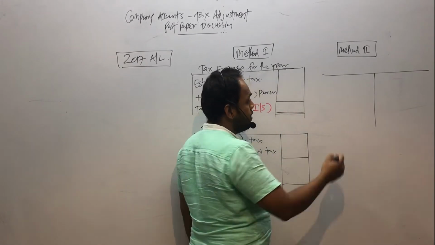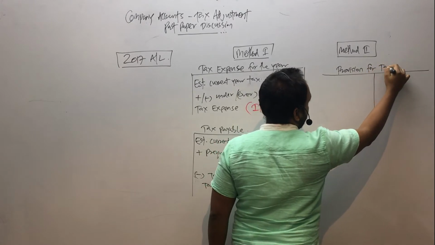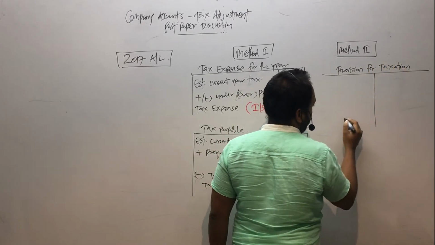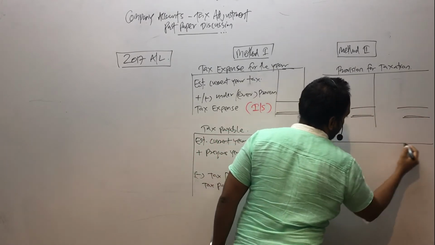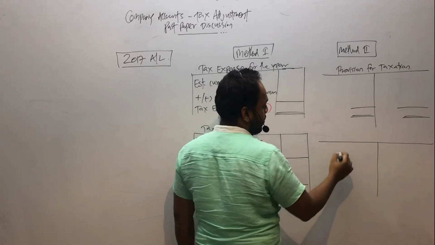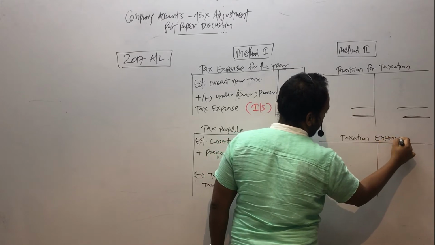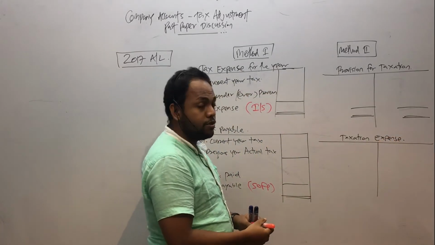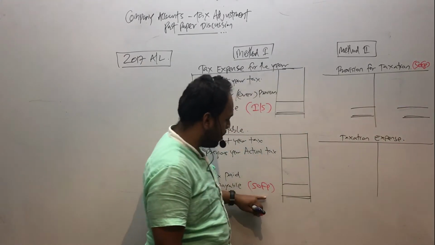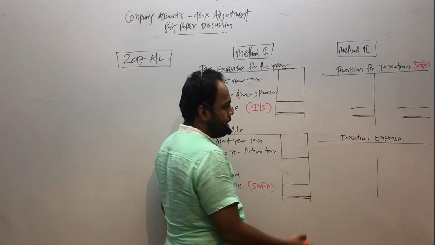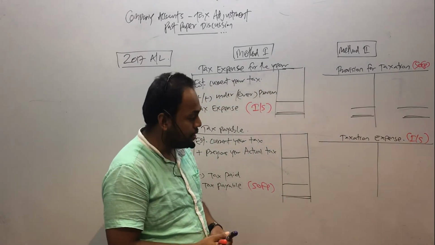Two ledger accounts: one is the provision for taxation account, and then the tax expense account, the taxation expense account. The provision for taxation account is a payable account which goes to the statement of financial position, and the taxation expense account is your expense, which goes to the income statement.